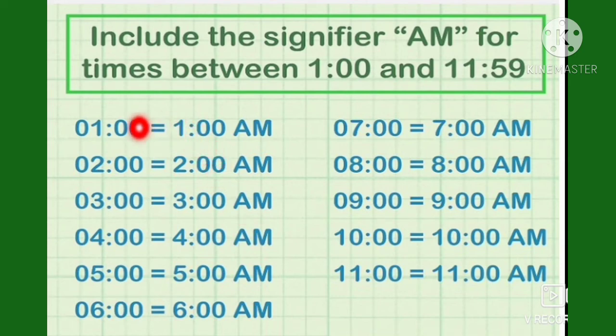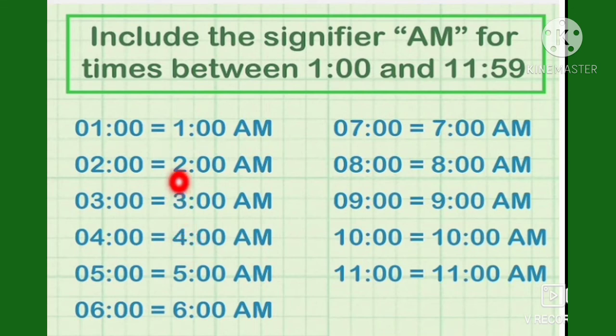In railway hours, from 1 to 11 represents morning time, isn't it? So, for morning time, we are going to put AM and there is no change in the hour.